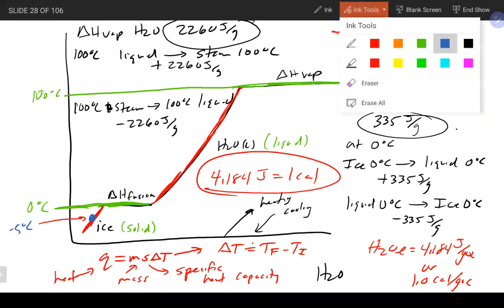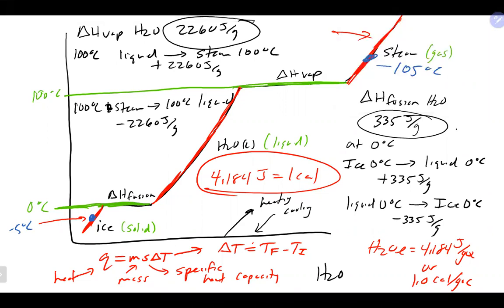You would need to first do this part here, where we would take it from -5 degrees Celsius to 0 degrees ice. You then would have to do the phase change, which would involve the heat of fusion calculation. You then would do a specific heat calculation from 0 degrees Celsius to 100 degrees Celsius liquid water.